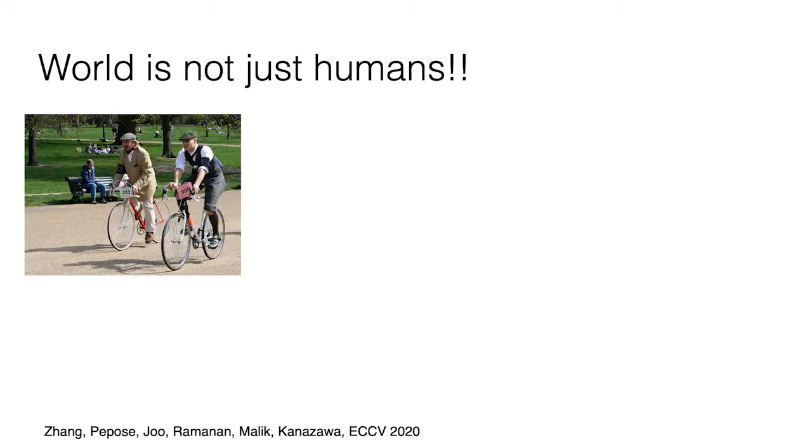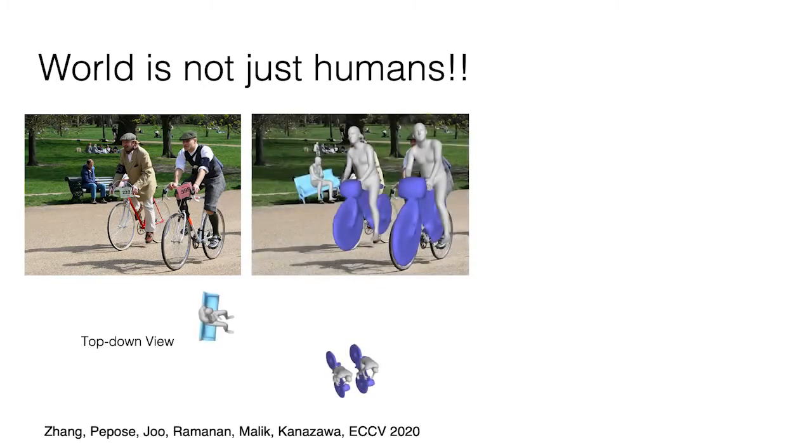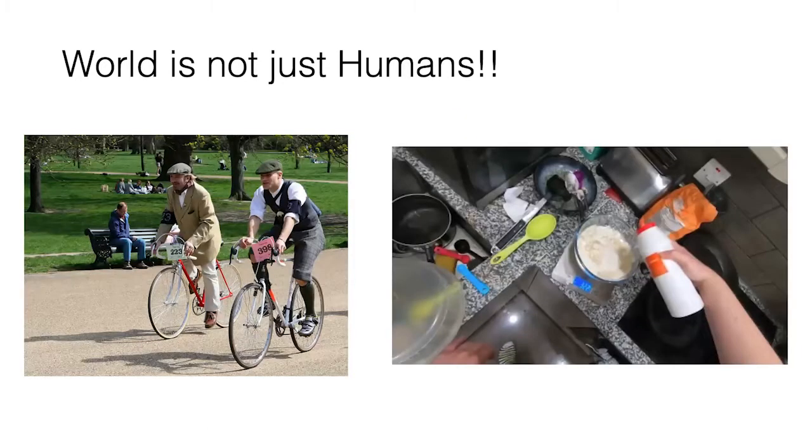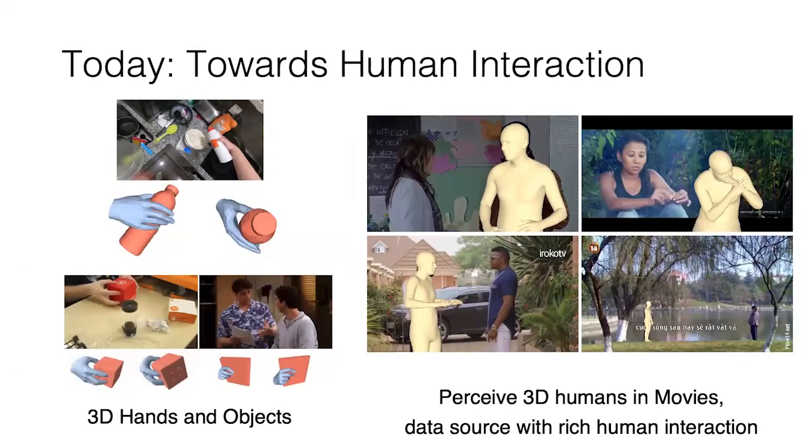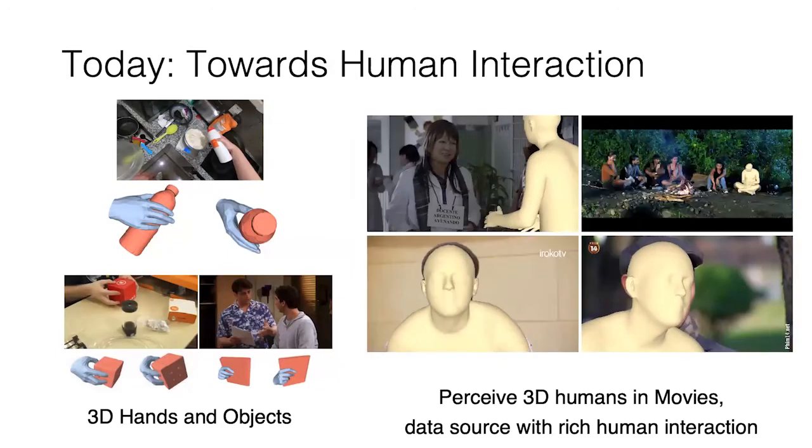The world is not just humans. People interact with objects, with each other, and manipulate objects. So how can we perceive this? This is why today I want to talk about human mesh recovery towards understanding human interaction.